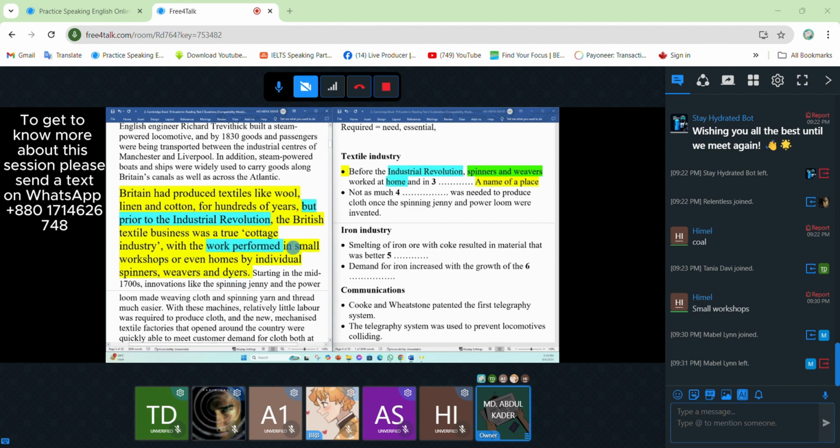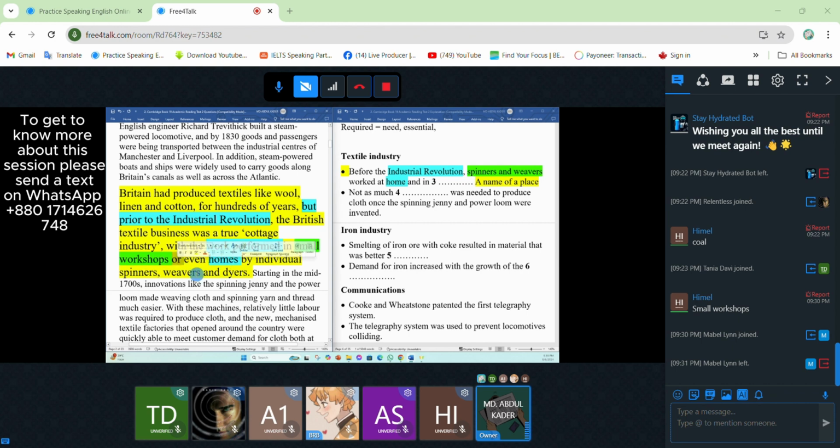Small workshops. Okay, fine. This is the name of a place where they worked. So first they worked in small workshops or even homes, by individual spinners, weavers, and dyers. So they performed the work in small workshops or even homes.